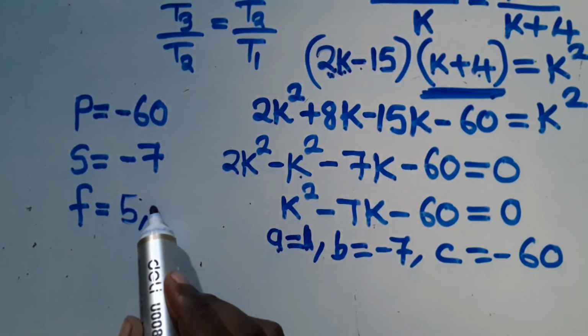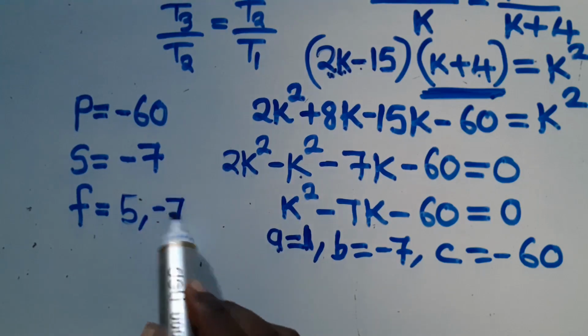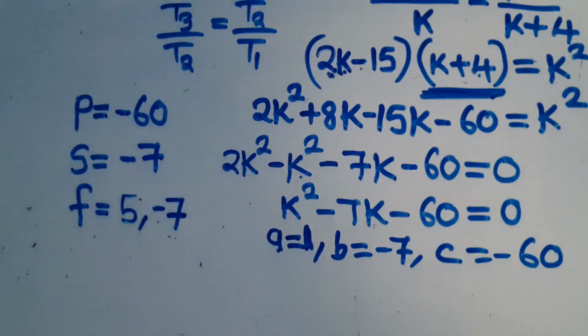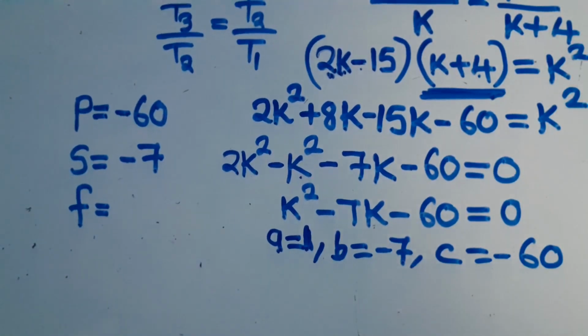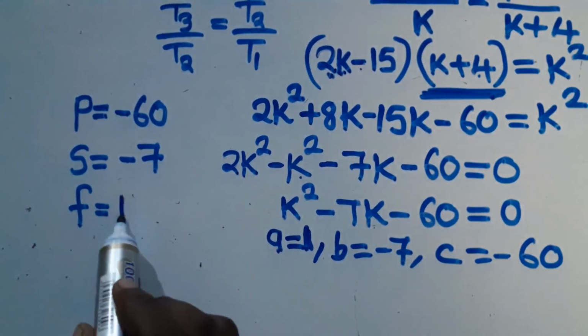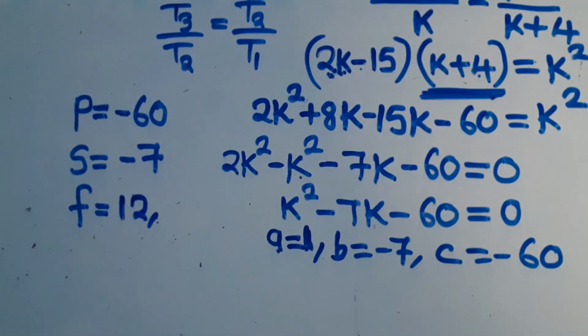5 and negative 7. You do this. These are the numbers that you need to get, such that if you say 5 times 7, what answer are you going to get? Okay, so it is not these, just these ones. It is 12 and 5.